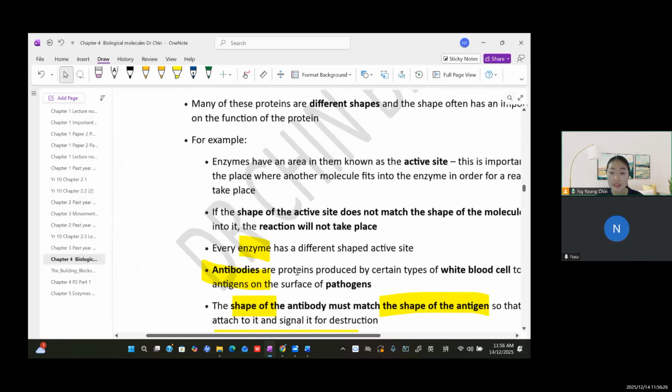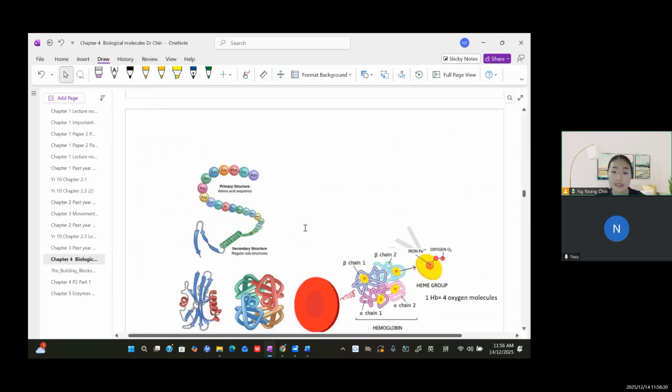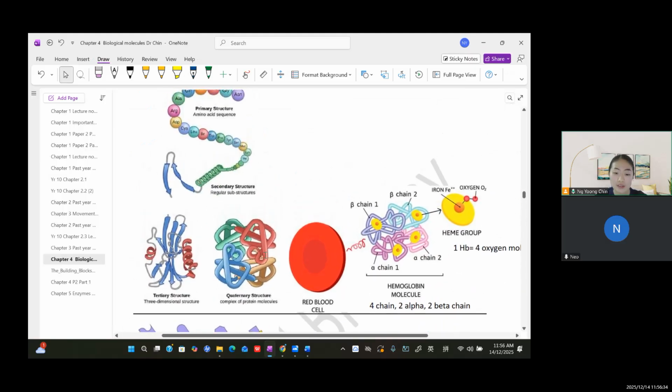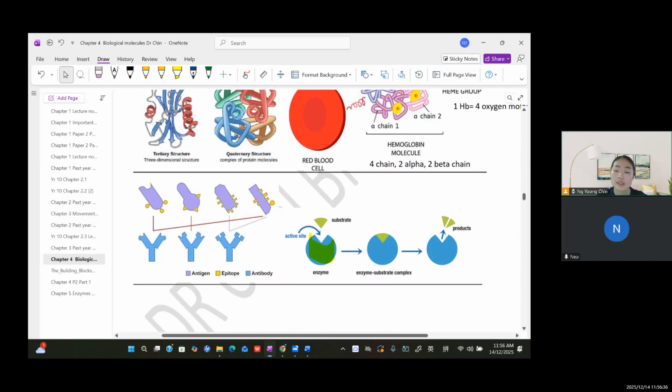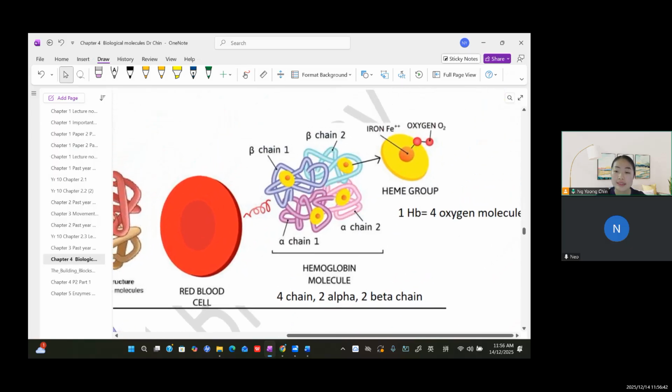Just imagine this way. For example, the protein shown in this picture: you have the red blood cell. The red blood cell is made from the hemoglobin molecule. Hemo means red blood cell, and globin means proteins.